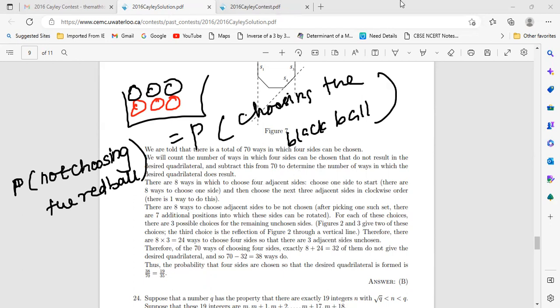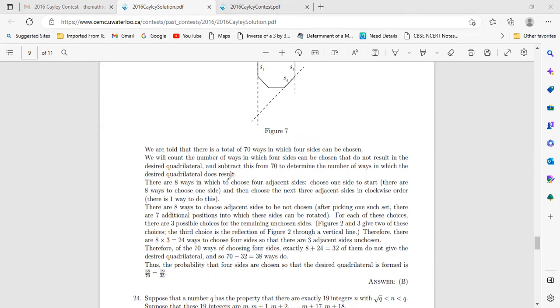You are applying the same strategy here. So you are just going to subtract the do not result from the 70. I hope you are able to follow this.